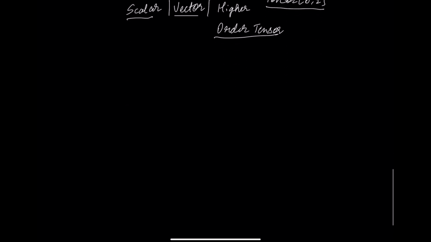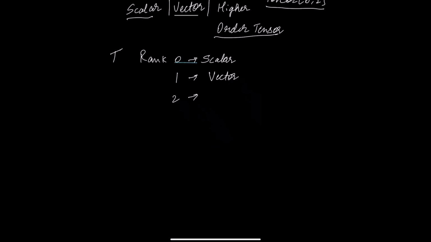By higher order I mean whose rank is more than 1. For simplicity, we generally say that a tensor of rank 0 is a scalar, a tensor of rank 1 is a vector, and a tensor of rank 2 we don't call scalars and vectors, we generally call them tensors only, and so on. We can go on further.